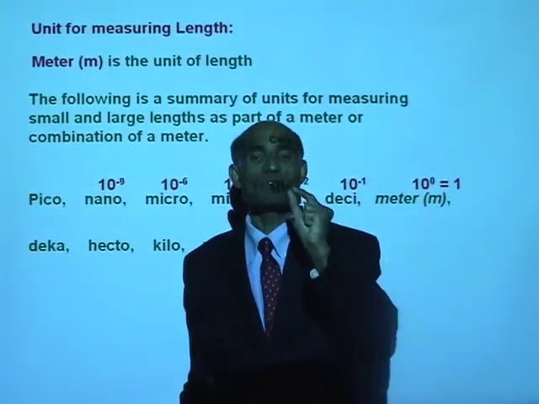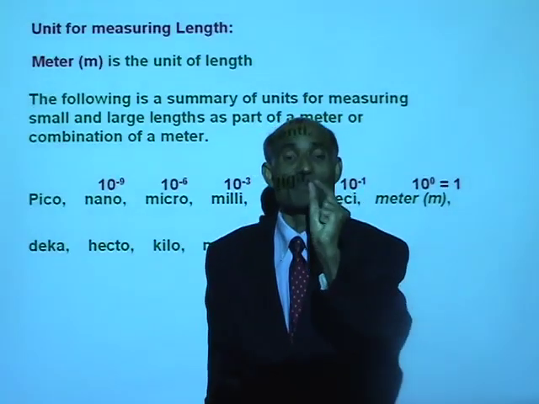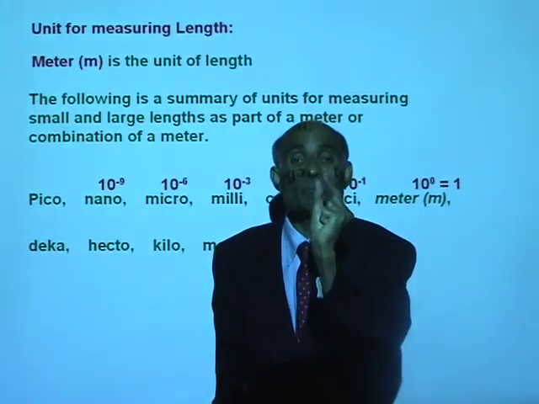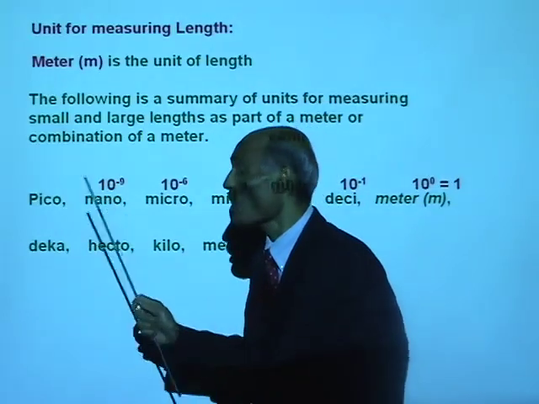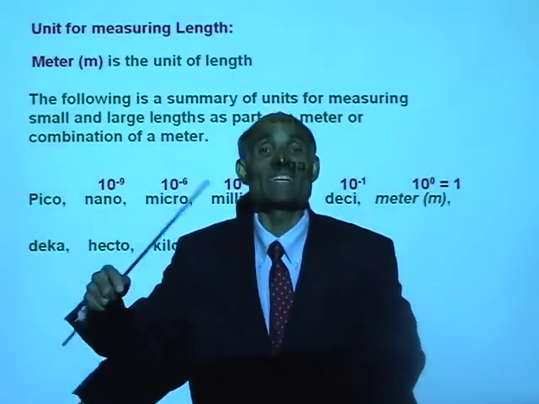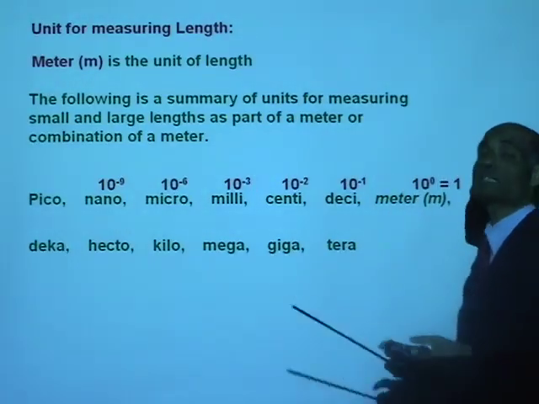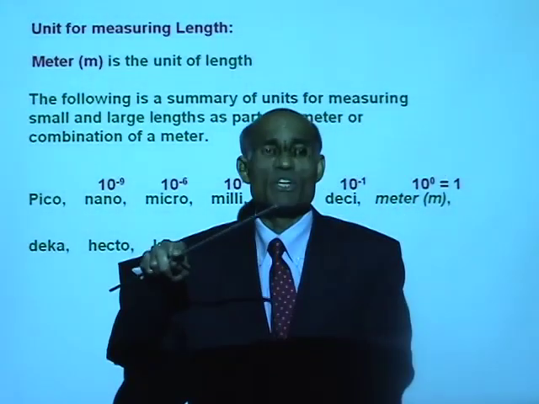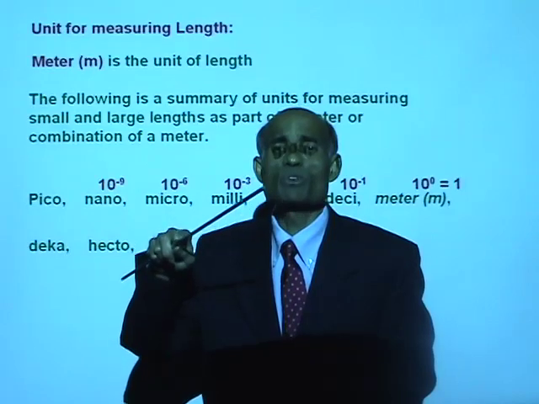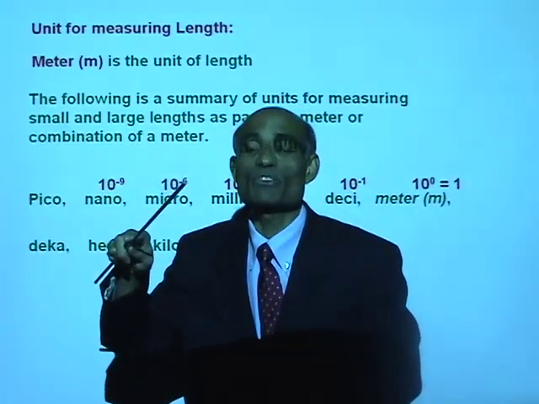In fact, have you heard of atoms? The diameter of an atom is of the order of a nanometer, a billionth of a meter. Later on we'll talk about waves and wavelengths.